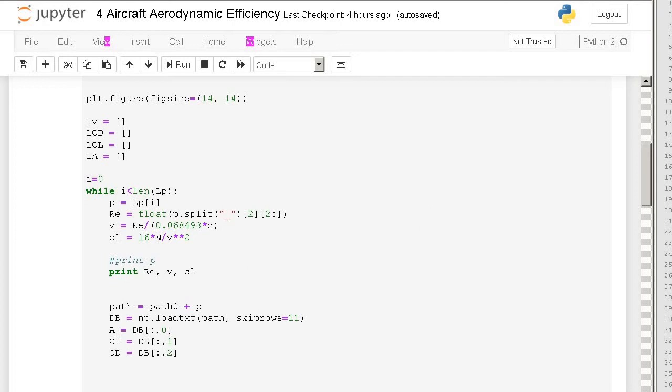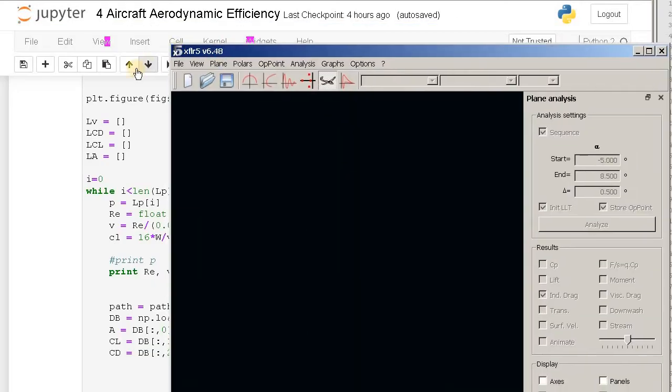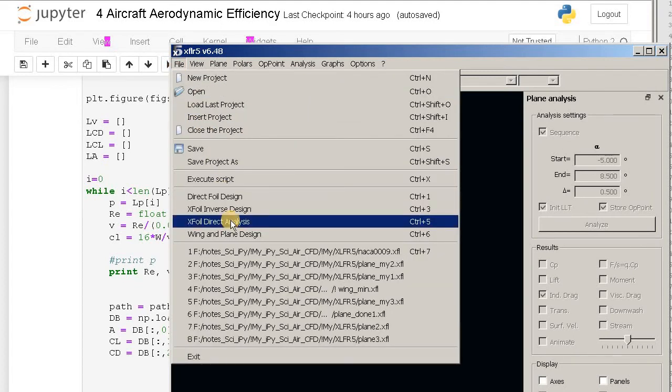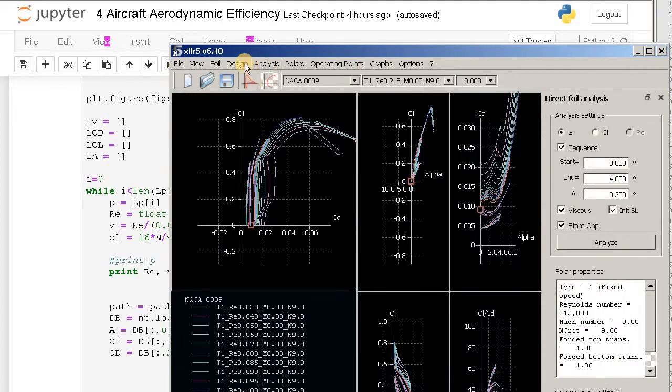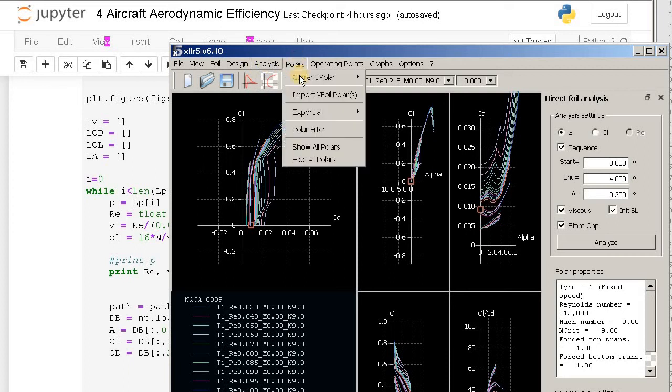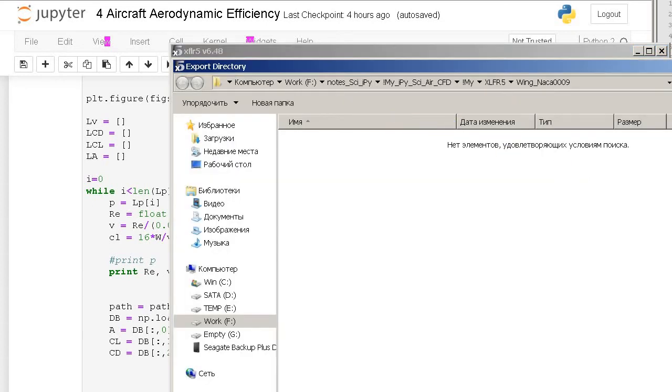One remark: in this software, we save all the files. We have computed those beautiful curves, and then you go here and choose polars, then export all, and select where you want to have them.